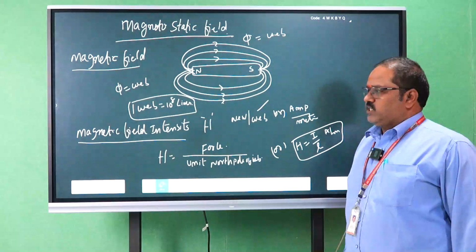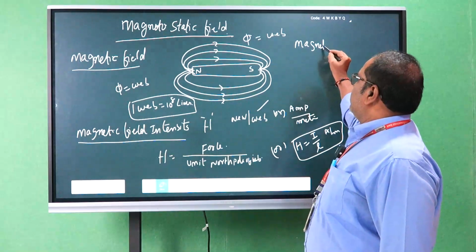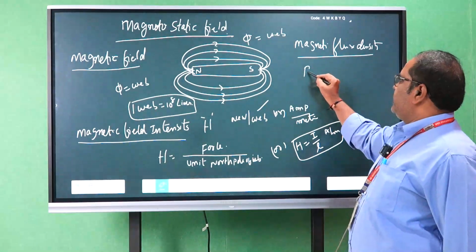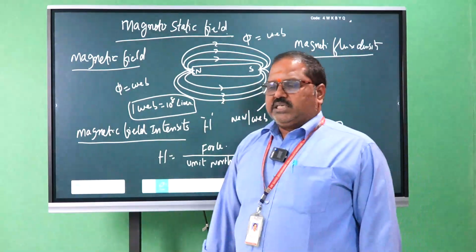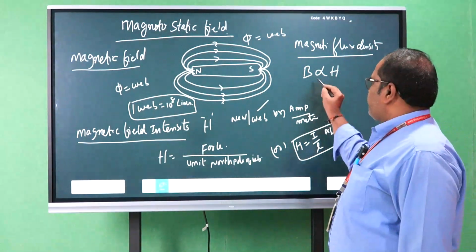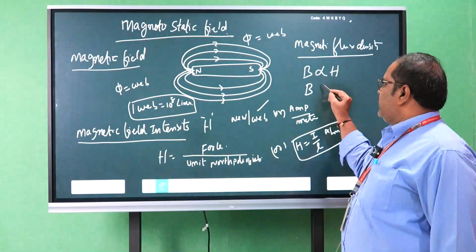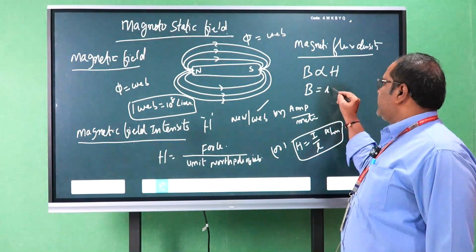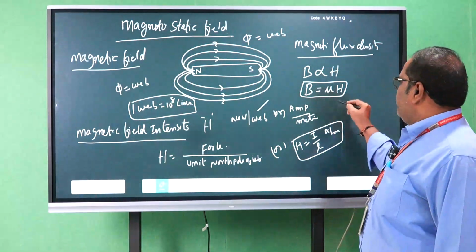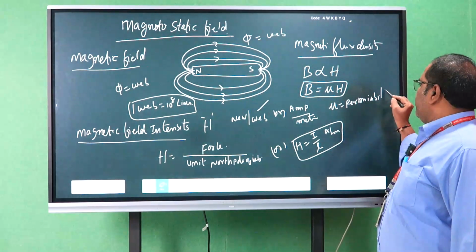Next, define the magnetic flux density, denoted as B. The magnetic flux density is directly proportional to the magnetic field intensity H. Removing the proportionality, we use a constant mu: B is equal to mu H, where mu is the permeability.